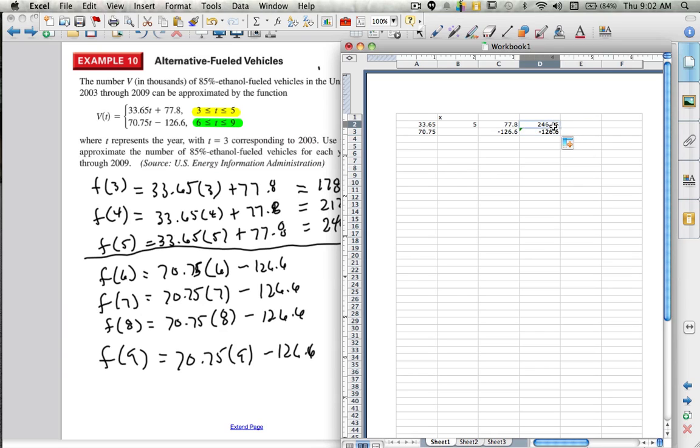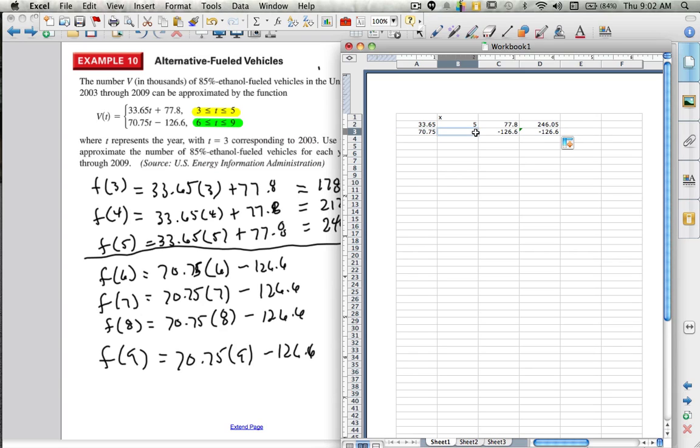You'll notice that this is the original function I wrote. It takes the blue cell, multiplies it times the green cell and adds the purple cell. And this one does the same, but one row down. That's why I put the 126.6 in as a negative number, so I didn't have to bother changing this formula.